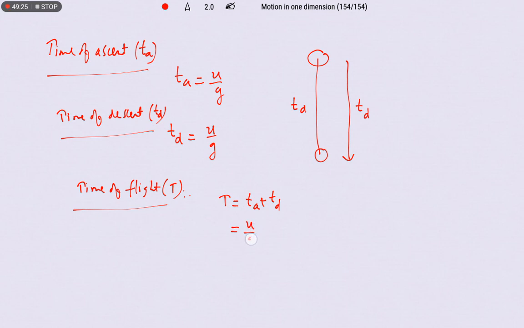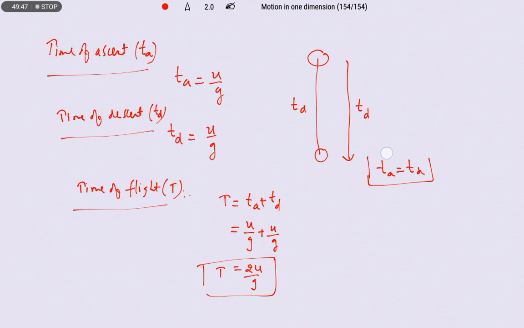Therefore u by g plus u by g, we are going to get 2u by g as the expression for time of flight. So how long it remains in air is known as time of flight.